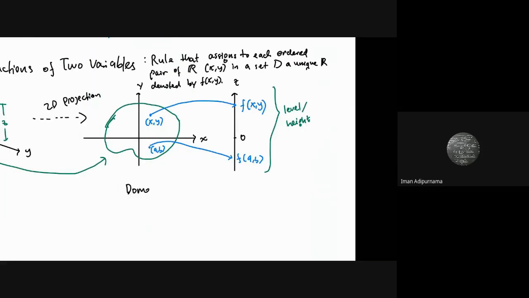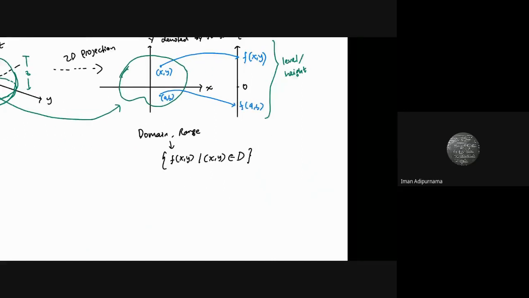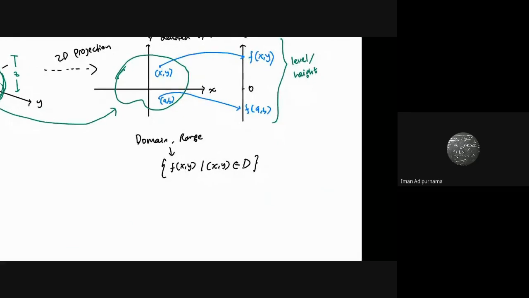And the domain and range will be, okay. So we will have the domain as x, y, and the range will be the function of x, y.